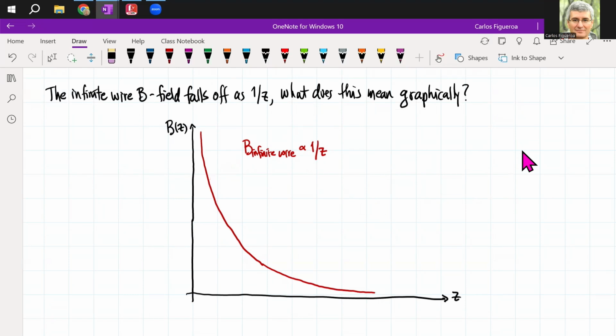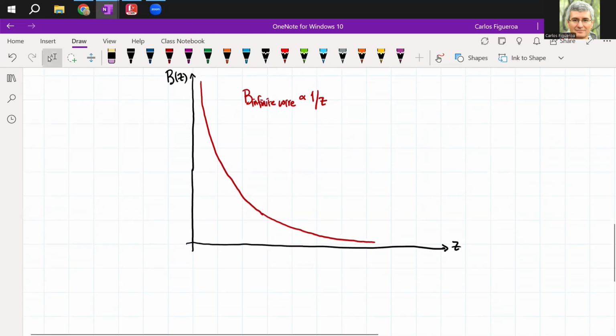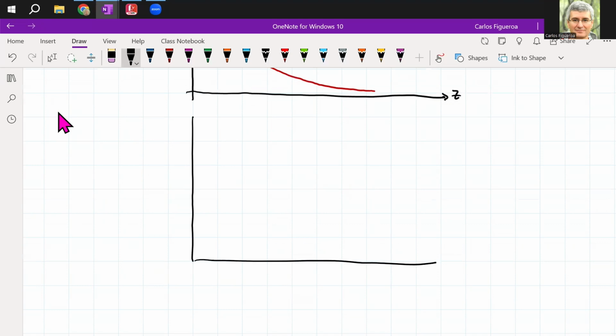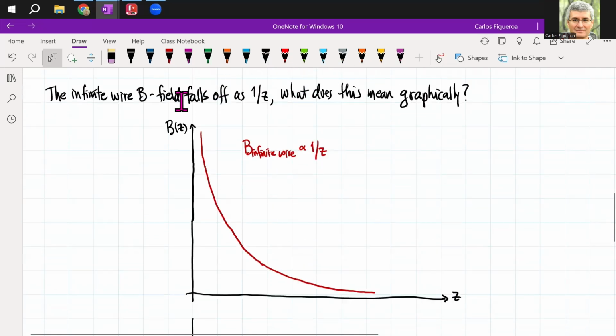Well, for starters, it might be worth looking at this graph twice. I think I'm going to draw it one more time, and I'll try to make sense of this as I go along. So here's what I want to look at. I don't want to be at infinity, but I want to be really close to the wire.